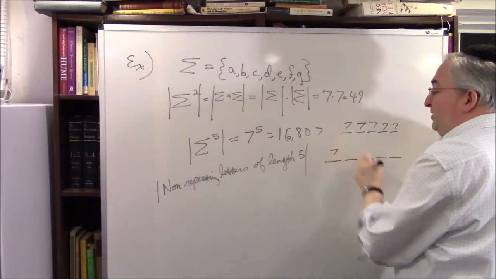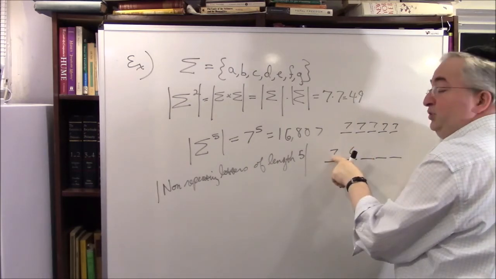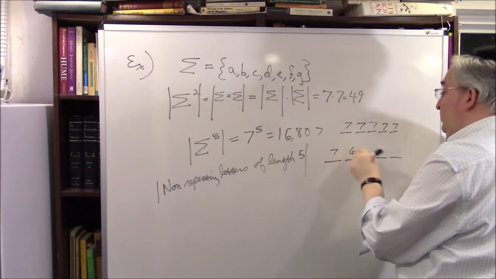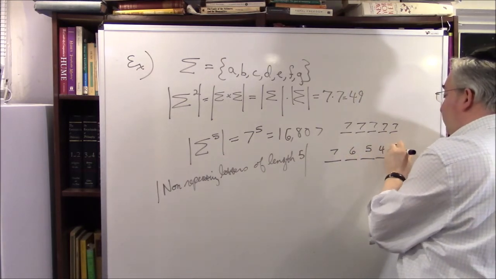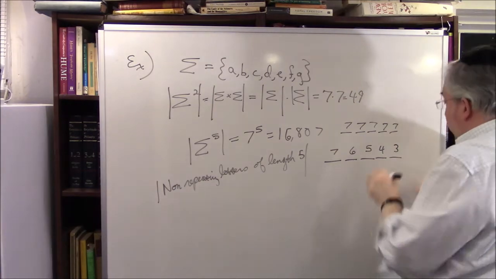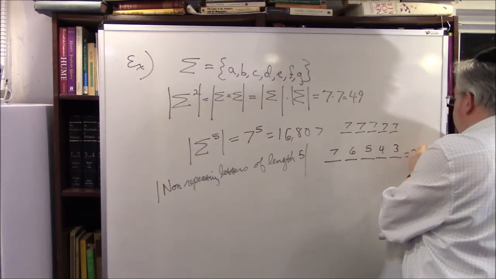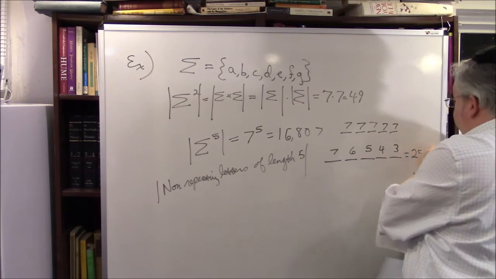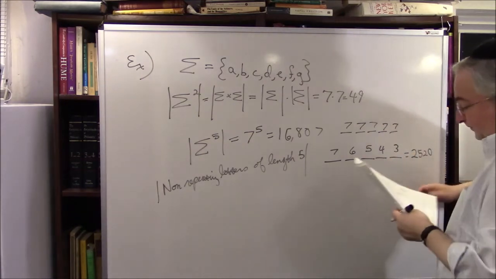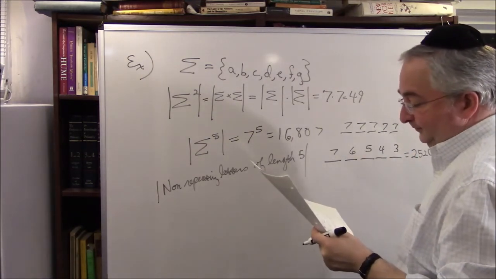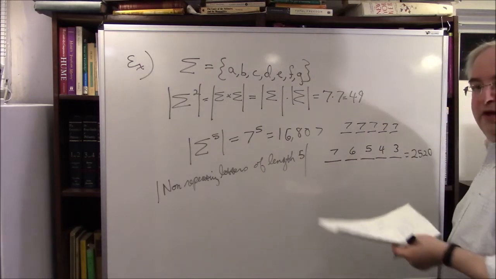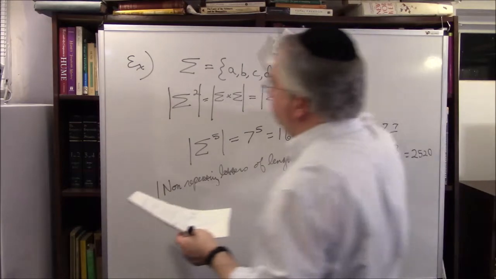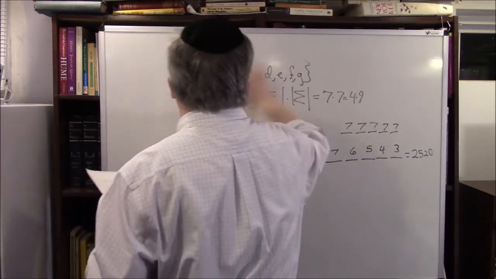You have 7 possibilities for the first, but you can't use the same letter here, so you have 6 possibilities for the second. You have 5 possibilities for the third, and so on. And that's equal to 2520. Sounds good. We're going to see a quick way of writing these things in a few minutes. Let's go on.